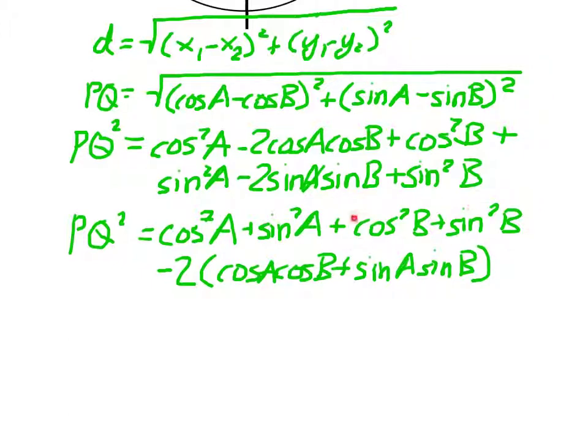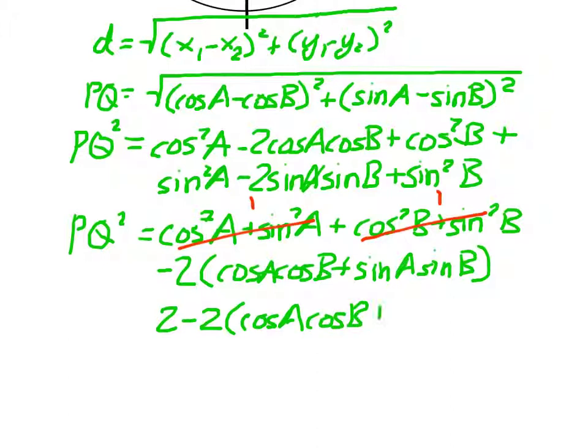Likewise, cosine squared B plus sine squared B is equal to 1. So really both of these can be replaced by 1. That gives me 2 minus 2 times cosine A cosine B plus sine A sine B. So this is the distance PQ squared.